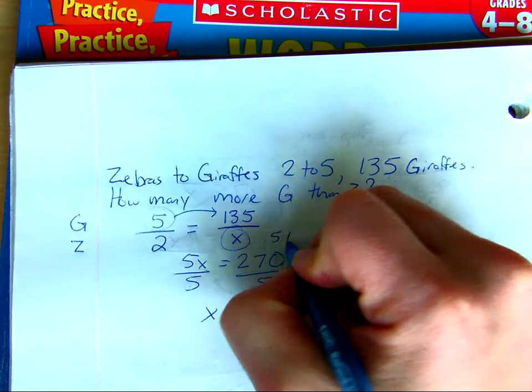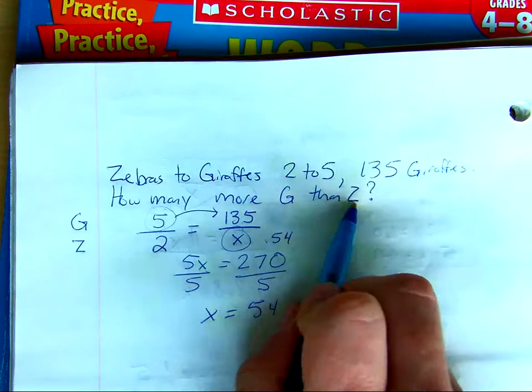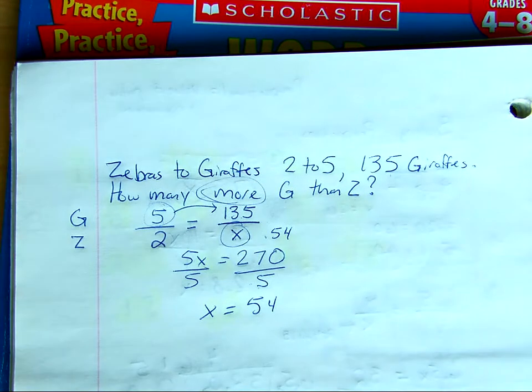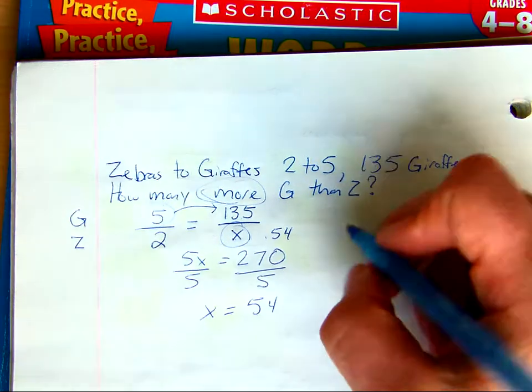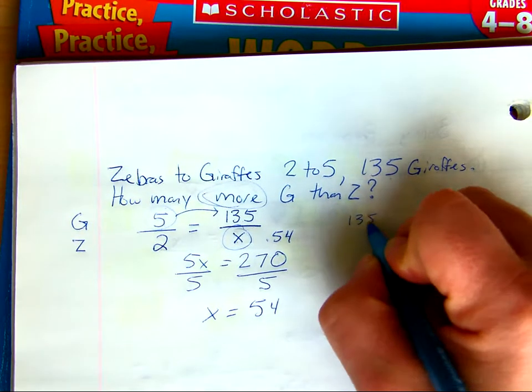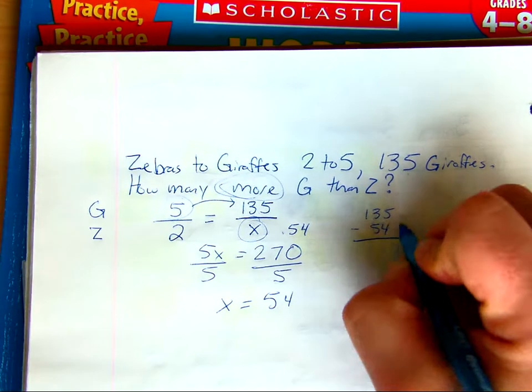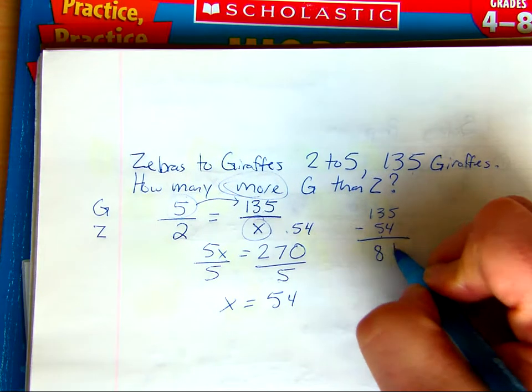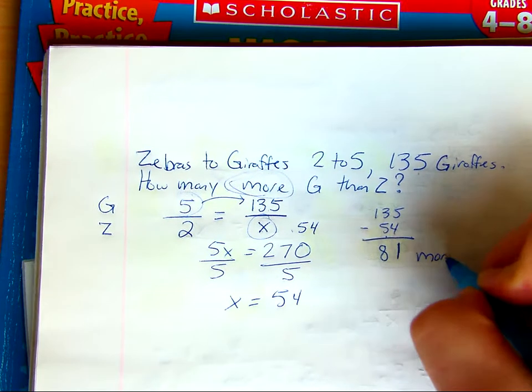That means there are 54 zebras, but the question says how many more? So what would we have to do in the end? Subtract them. So I do 135 minus 54. 13 minus 5 is going to give me 8, so we have 81 more.